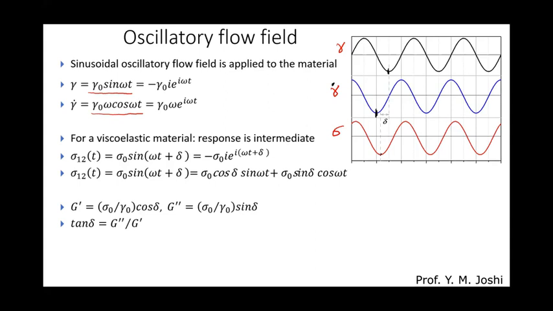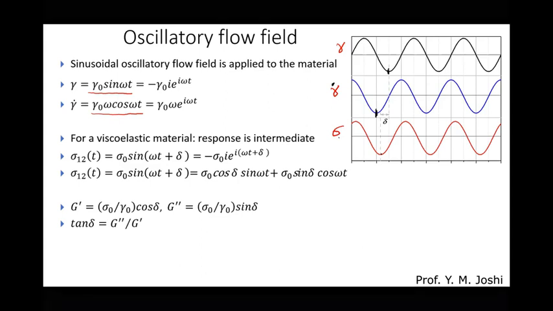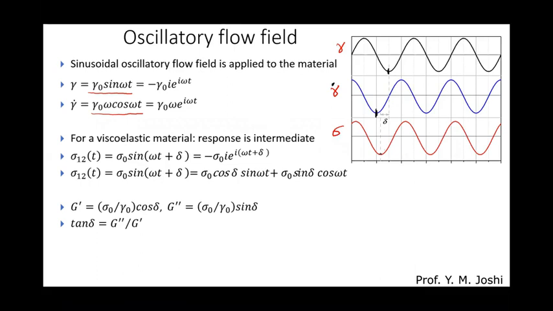If this trough is at the same angle as where the trough of strain comes, then the response would be perfectly elastic in nature, because for elastic materials, stress is proportional to strain. In general, for a viscoelastic material, the trough of stress is in between that associated with strain rate as well as that of strain.